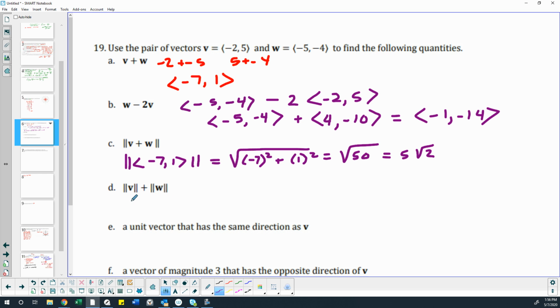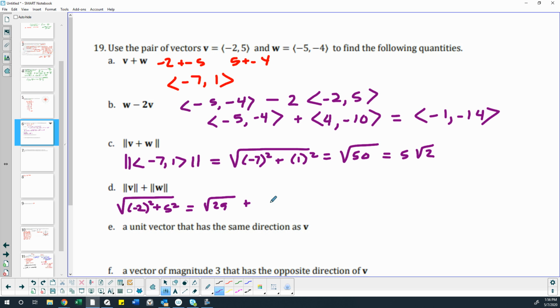Then if we do the magnitude of v plus the magnitude of w, we're doing the magnitude of v first. So the magnitude of v would be -2 squared plus 5 squared, which is square root of 29.